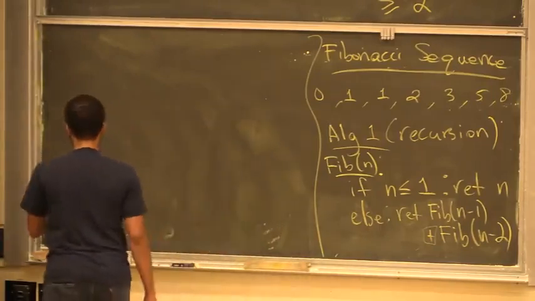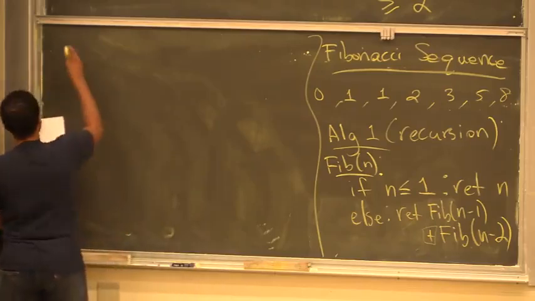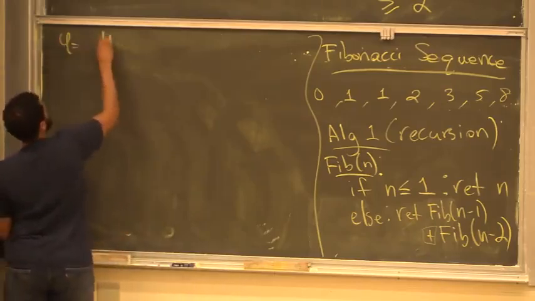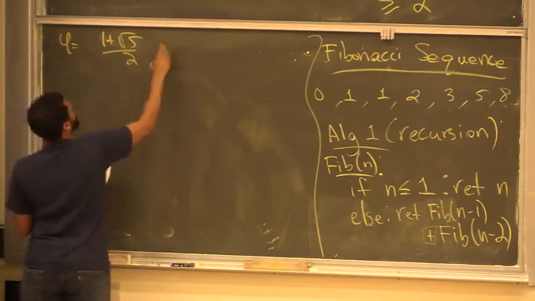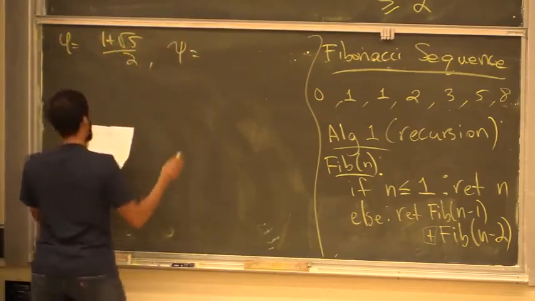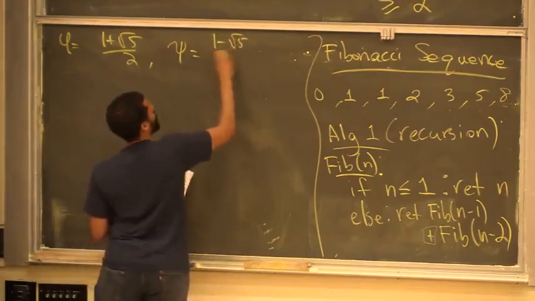So let's define some numbers. Phi is 1 plus the square root of 5, over 2. Psi is 1 minus the square root of 5, over 2.